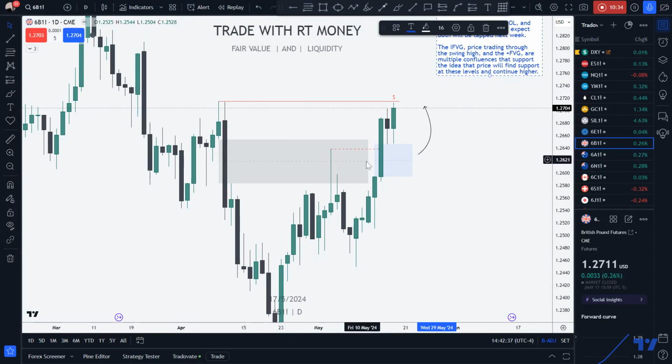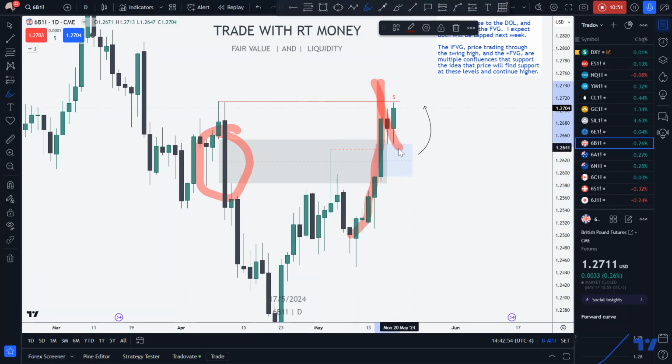With that in mind, price has the bullish fair value gap under it. We also have a bearish fair value gap that price disrespected by trading through it. And what did I just explain? This is the inverse of that. We should see price trade through a bearish fair value gap and then come back and visit it and then continue higher.